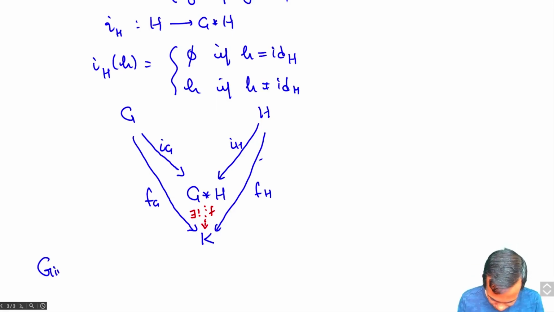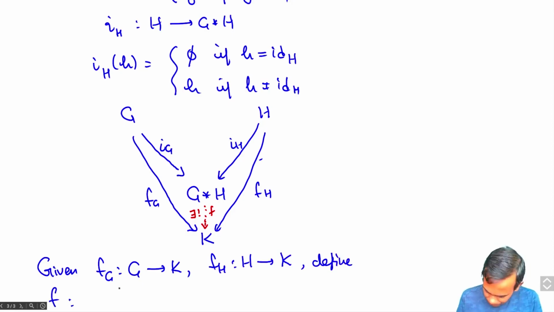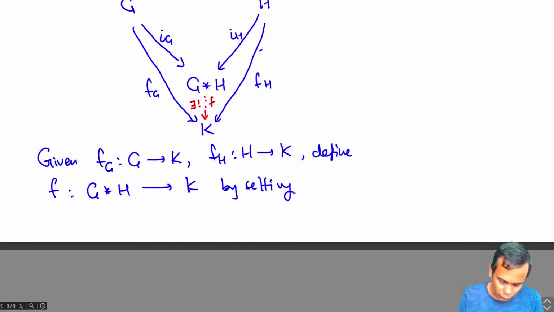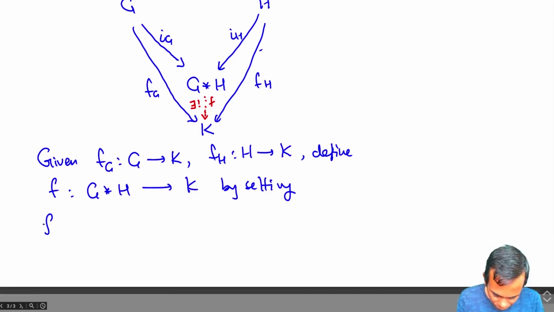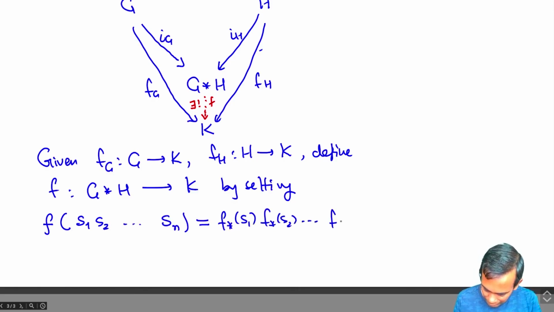So given FG from G to K and FH from H to K, define F from G star H to K by setting, and I need to tell you what F does to any reduced word in G star H. So F will be applied to the word S1, S2, up to Sn, and should give me an element of K, and I define that as F star S1, F star S2, up to F star Sn.